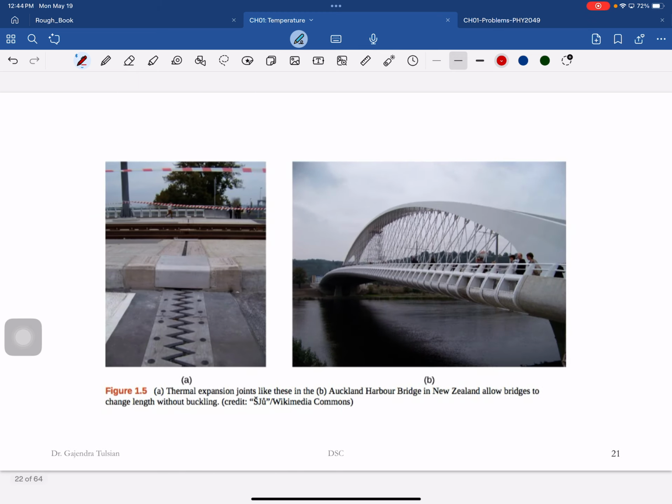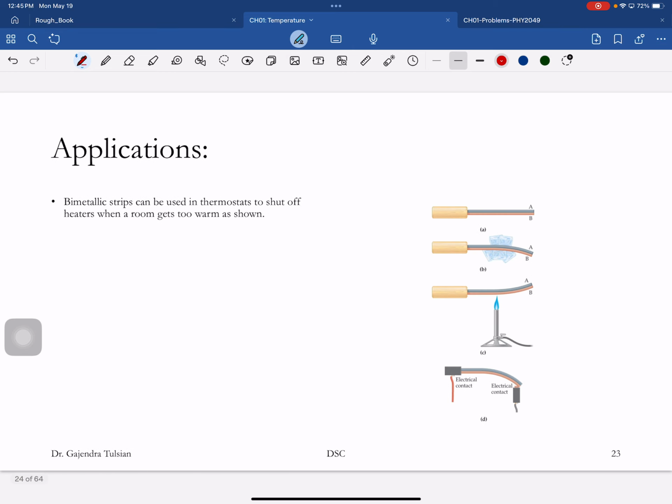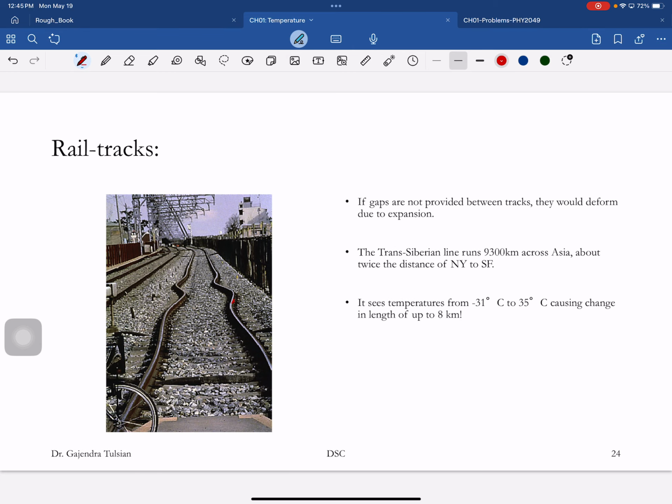So look at this. This is an expansion gap. You have to do this in bridges and stuff like that. If you don't leave an expansion gap when it gets hotter in the summer, and the gap was not big enough, here's what would happen. The train tracks also have expansion gaps.